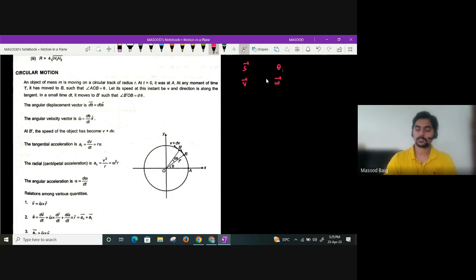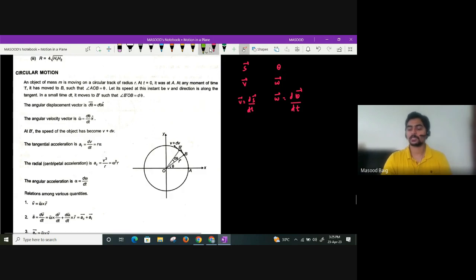Just like velocity is written as ds bar divided by dt, omega bar will be represented as d theta bar divided by dt. Okay. Now you see here, for theta I have not written vector, guys, but I have written vector for d theta. So always remember, angular displacement is in general not a vector quantity.